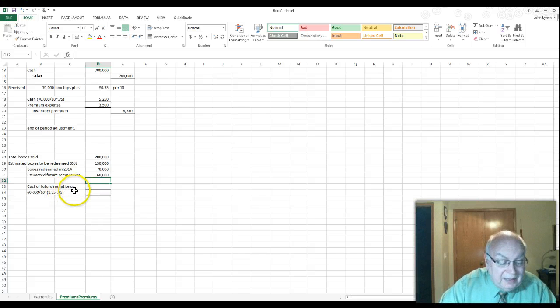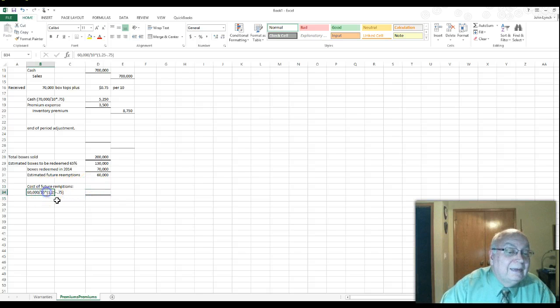Okay, the cost of the future redemptions. So it's 60,000 divided by 10 times the $1.25 minus 75 cents.